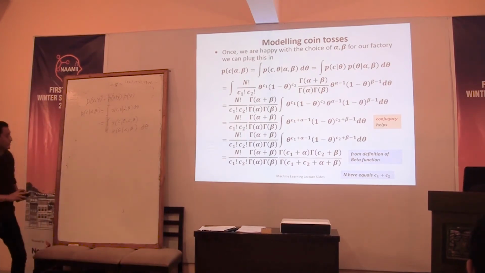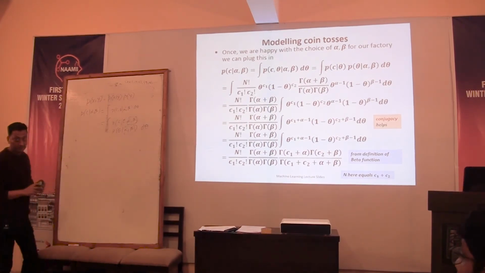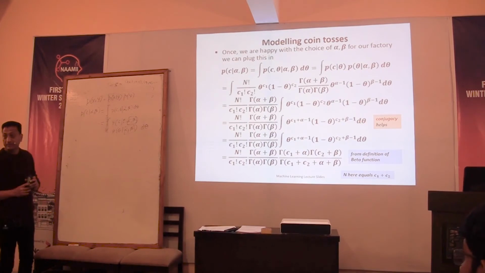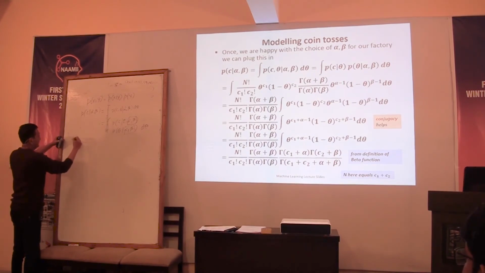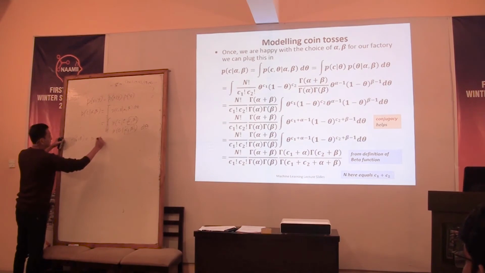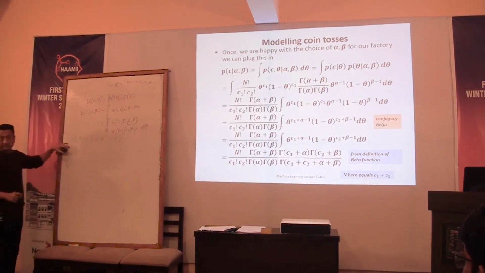Okay, so here I'm assuming that this alpha beta always remains on the right-hand side, okay, I just copy it. So that doesn't change. So remember that from the definition of P, C, theta, okay, you're happy with this?